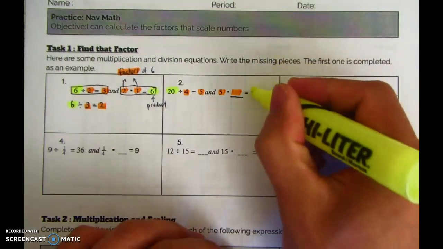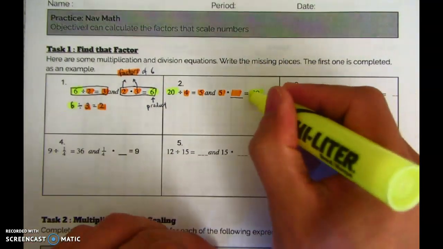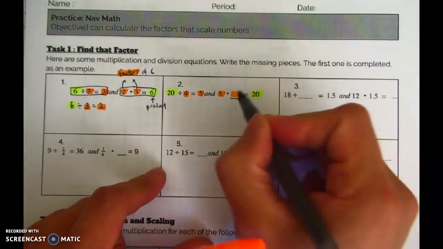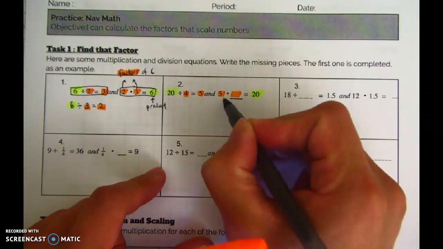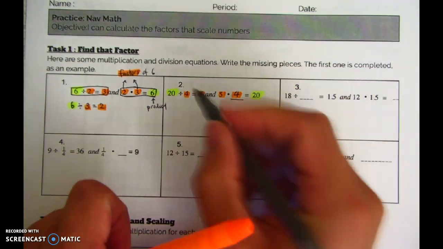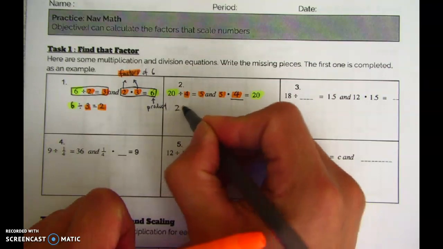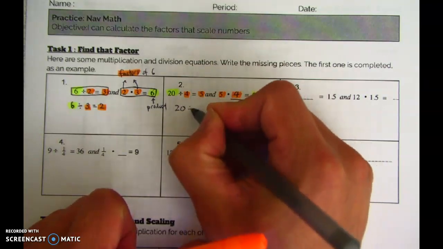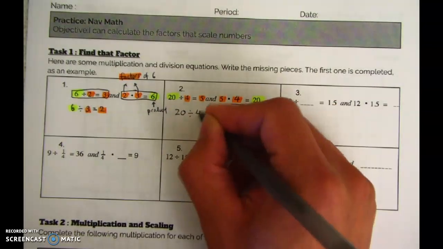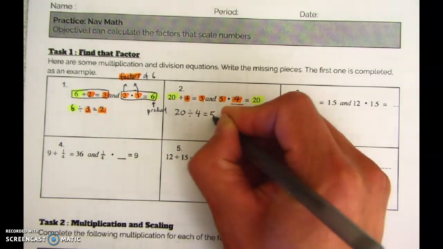And I'm hoping that by now you know what the idea is, that these two factors multiply to be 20. And what is that other factor other than 5? The factor is 4. And also, if we were to write the other division problem, if we take 20 divided by 4, then the other factor would be 5.